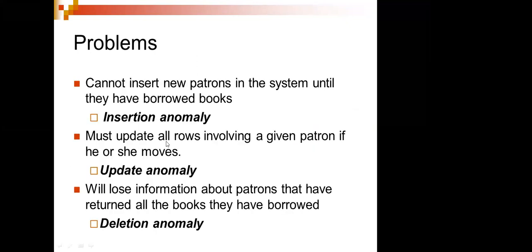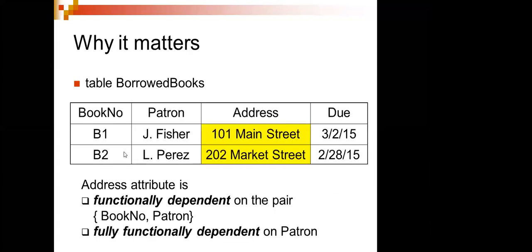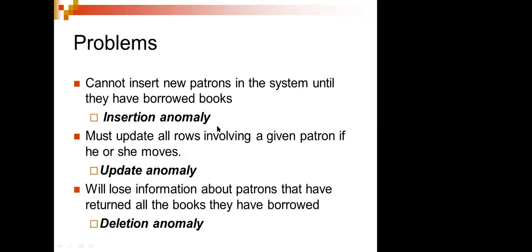See where the problem is coming now. If you don't go for the functional dependency concept, then we will have some problems. What is that problem we have to analyze? We cannot insert new patrons into the system until they have borrowed books. That means a person cannot be added. If you see the previous example, here I cannot add a new one. Why? Because of insertion anomaly.